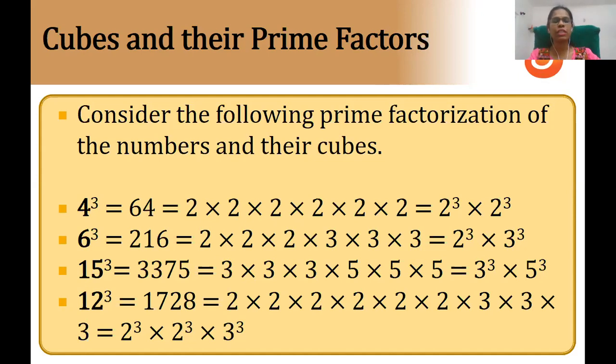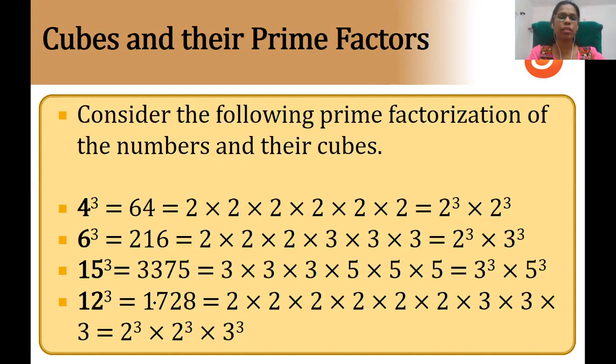Similarly, cube of 6 is 216, which is 2 multiplied by 2 multiplied by 2 multiplied by 3, 3 and 3, where we got 2 cube multiplied by 3 cube. In a similar manner, we can find the cube of 15, which is 3375, is 3 cube multiplied by 5 cube.